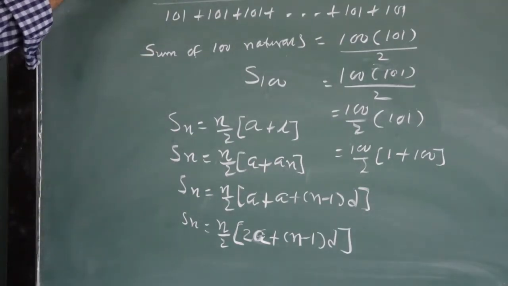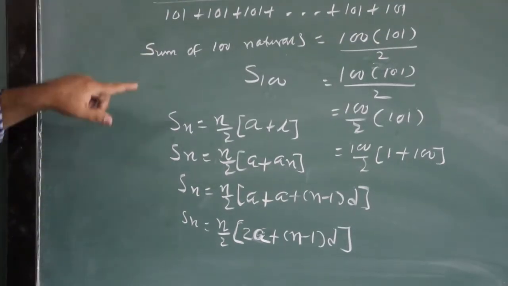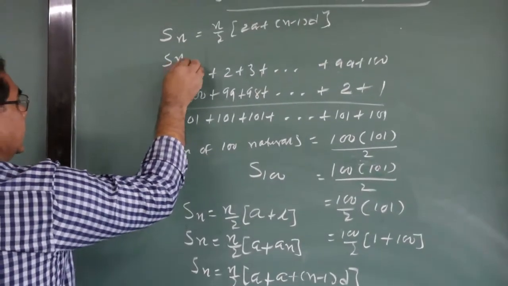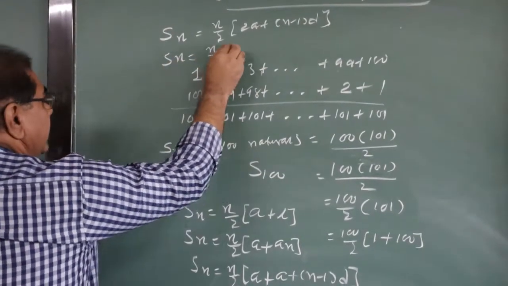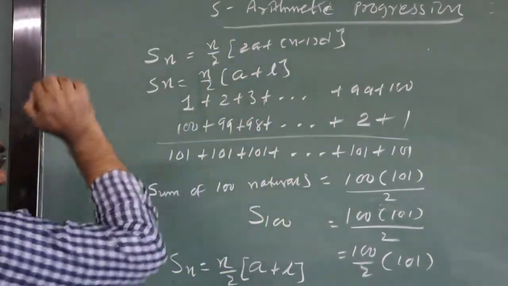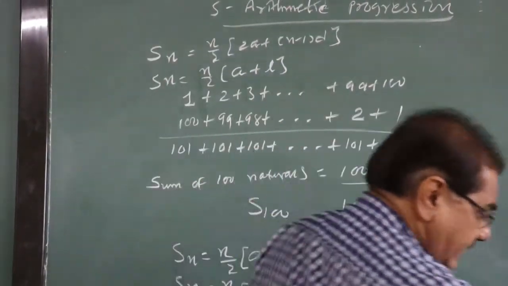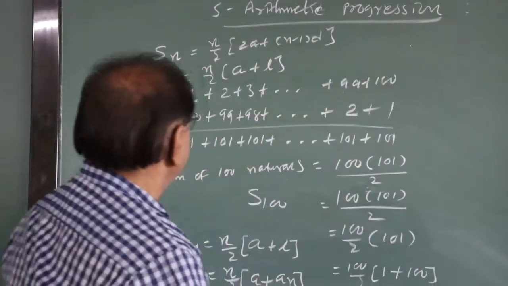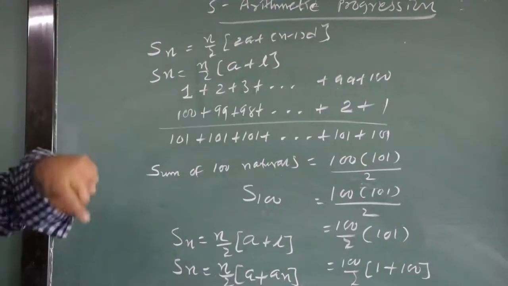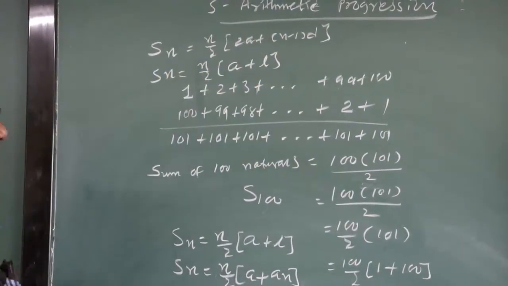I have written this formula, but the previous form of the formula I also write here: Sn is equal to n by 2 into bracket first term plus last term. This is also a formula. If we know the first term and the last term, we can find the sum with this formula. And suppose the last term is not given, then we can use the other formula.